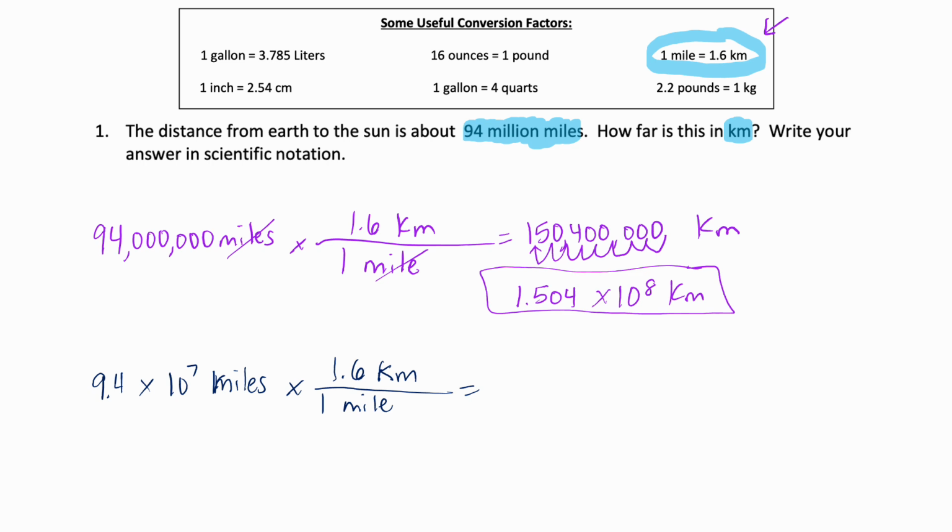And when you do it this way, I recommend just multiplying the coefficients first. So you'll get 9.4 times 1.6. That gives you 15.04. And then you're going to attach on your exponent that you were given.